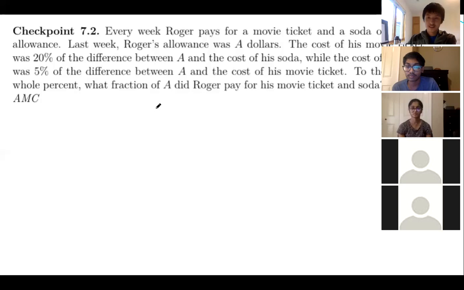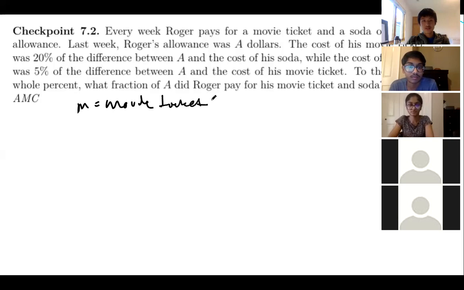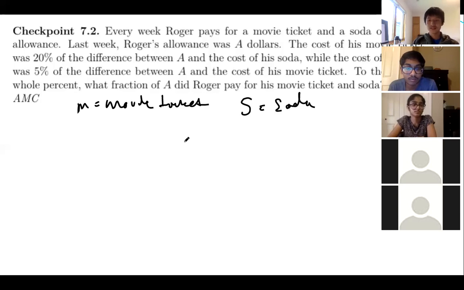Okay, so I think we'll use two variables for this one. M is the cost of the movie ticket, and S is the cost of his soda. Yeah, 23 out of 99.